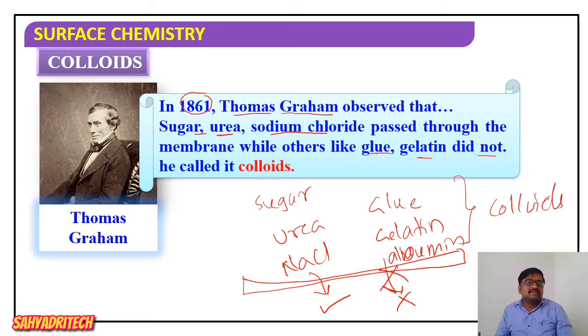So he just analyzed a group of particles. Some substances pass through the membrane, and some do not. The ones which do not pass through the membrane, he named as colloids.